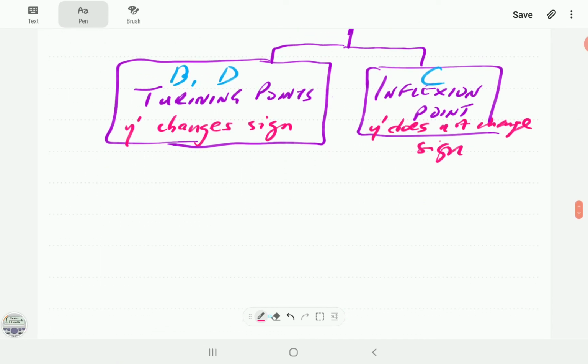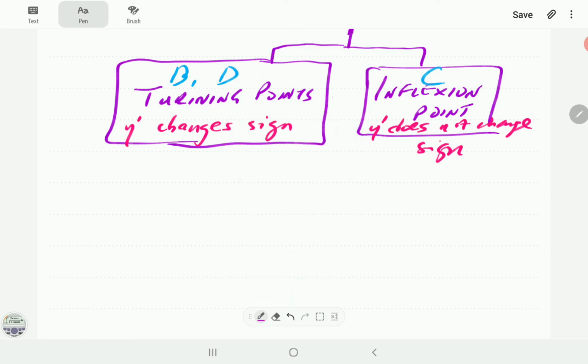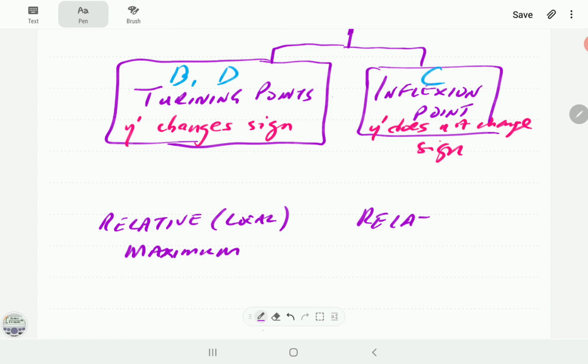All right, and then turning points can further be classified as relative or local. So relative maximum, or we also call this local maximum, or relative minimum or local minimum. So either relative maximum or relative minimum.